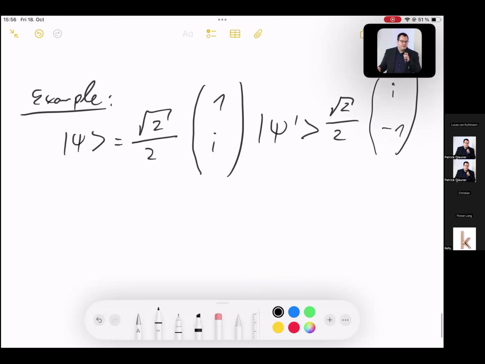And what I want you to calculate is this one here: the bra psi prime, ket psi. You can take a short moment to calculate this. It's again in the slides, a few slides away. Don't look this up. Try to calculate it, and when you have the solution, share it with us in the chat.